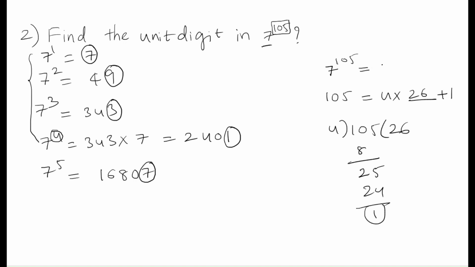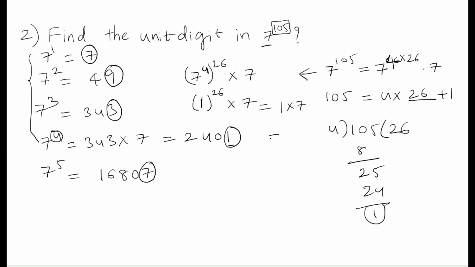So this becomes 7 power 4 whole power 26 multiplied by 7. 7 power 4 will give you units digit 1, so I take 1 whole power 26 into 7. 1 power anything is always 1, and 1 into 7 is 7.